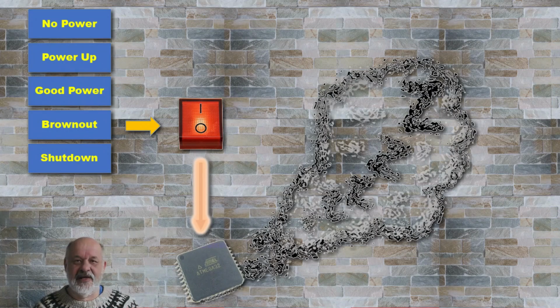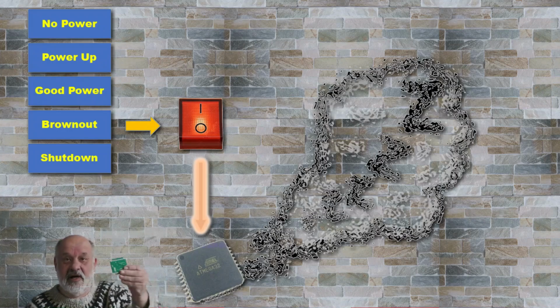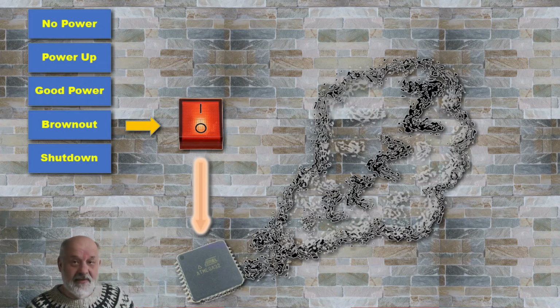Now, the brownout may end in two ways. One way, the power comes back, and what does the microcontroller do in this case? In my board, this microcontroller will do the reset again.